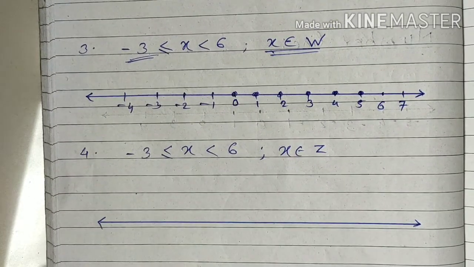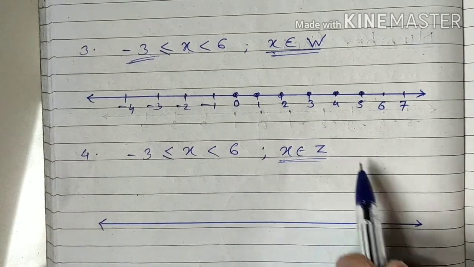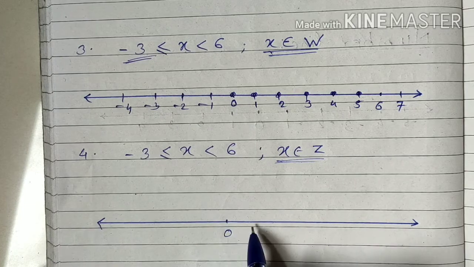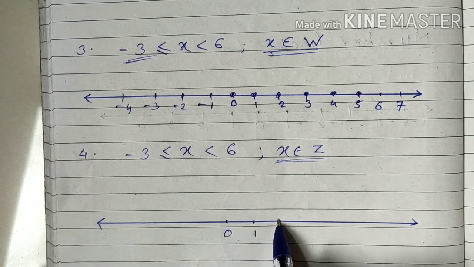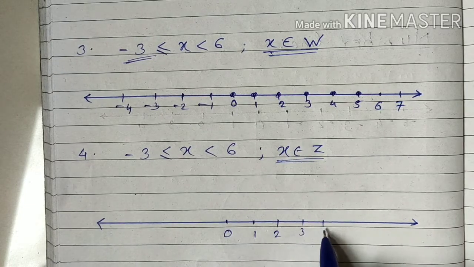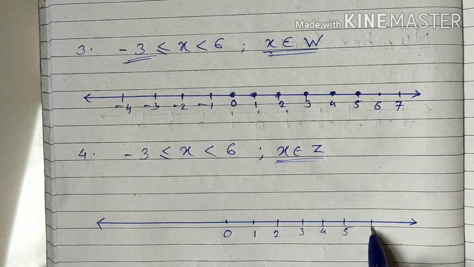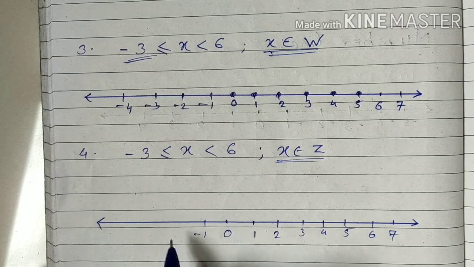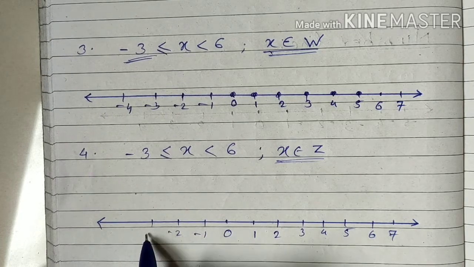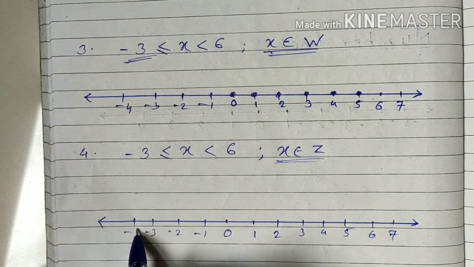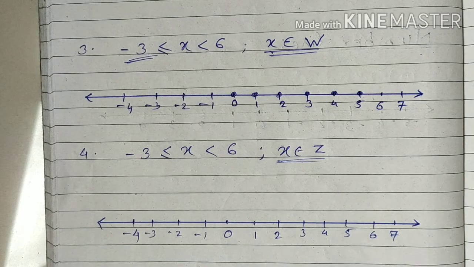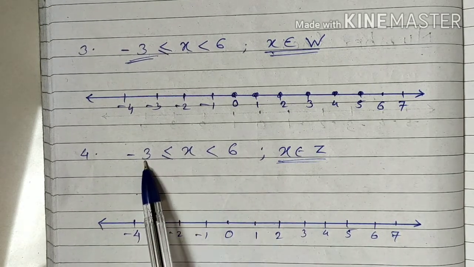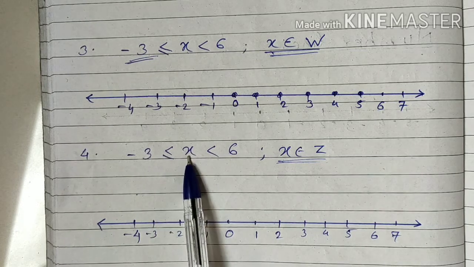Next, now our set belongs to the integer set. That means negative numbers are also included. 0, 1, 2, 3, 4, 5, 6, 7, and here -1, -2, -3 and -4. Okay. Now students, the value of x is greater than or equal to -3.